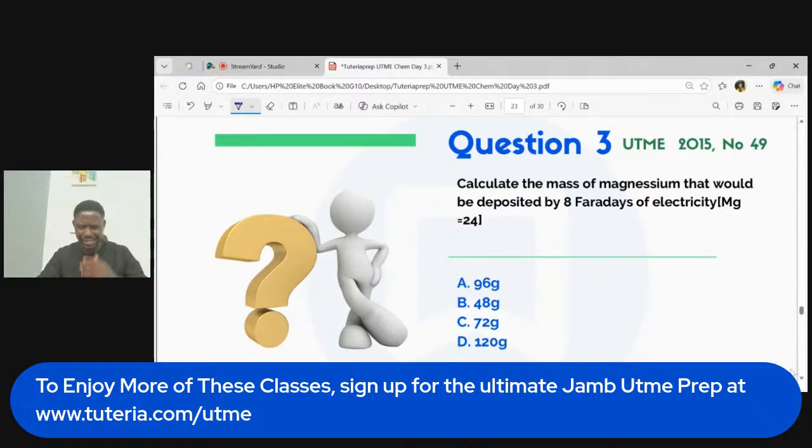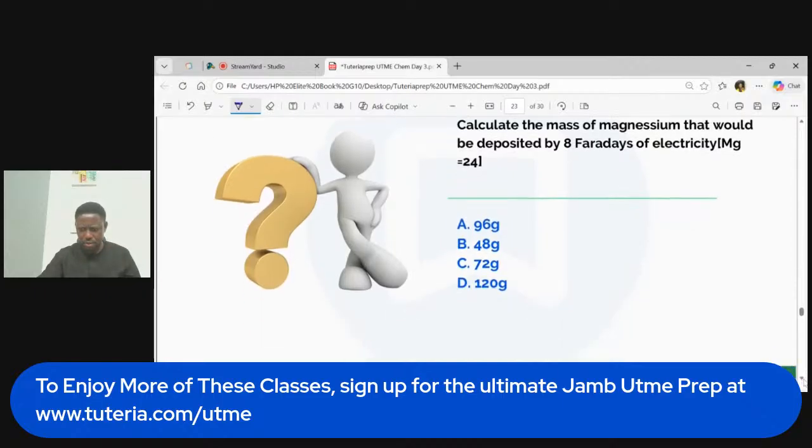Let's screenshot this as part of the assignment. Please drop the answer on any of my social media platforms, usually Instagram, even TikTok, X. Please make sure DrJan knows chemistry. Make sure you drop your answer there. I'm giving you question 3. This is a real JAM question, 2015 number 49. Please let's screenshot this because we have just 1 minute left, and I'm going to round off the class now.